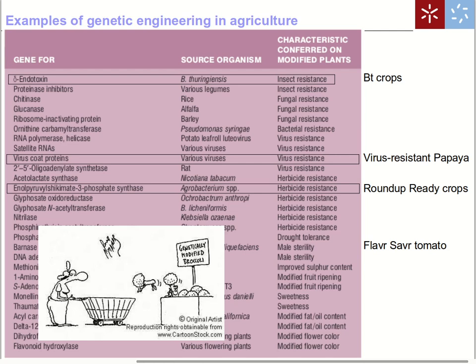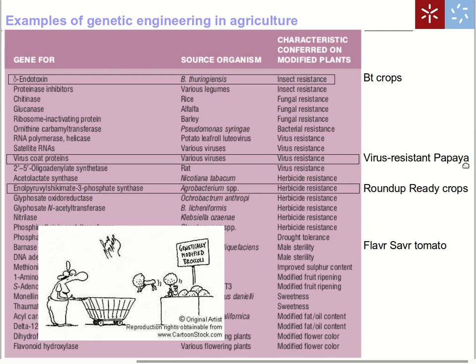There is a table in the book listing many different examples of commercial genetic engineering of plants. I chose to talk mainly about 4 of these. Bt crops, which are crops that express a toxin that kills insects.